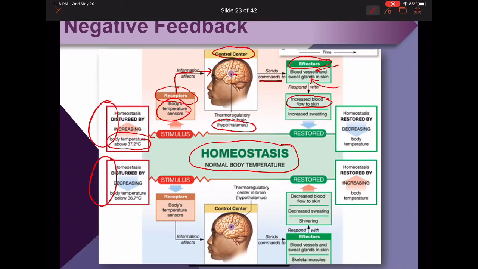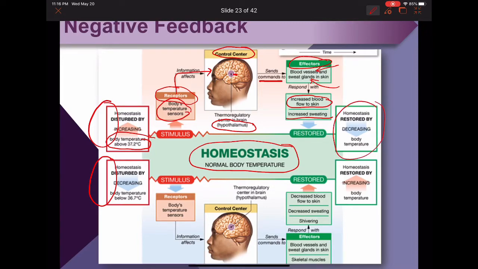That's because of systemic vasodilation. It's our body's way of radiating that heat out, okay, to reduce the heat in the body. Increase sweating, all that water coming out on the surface of your skin is going to absorb that heat and take away that heat for you. So all that stuff that's happening will bring your body temperature back down.